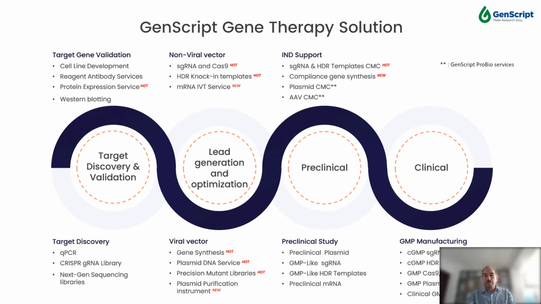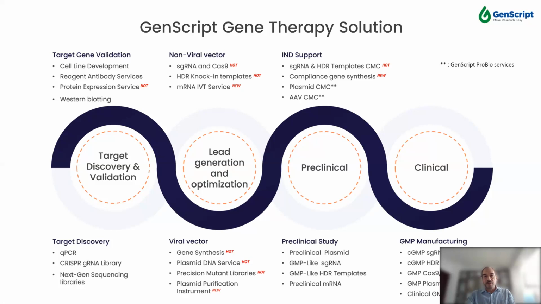So we have a very broad portfolio with many solutions, products and services. Typical gene therapy and actually any therapy drug development starts with target discovery and validation, then proceeds to lead generation and optimization, then preclinical work, clinical trials, and clinical manufacturing. As you can see from this slide, we have a complete portfolio of tools for every stage of the development.